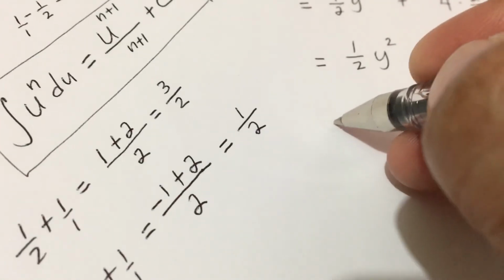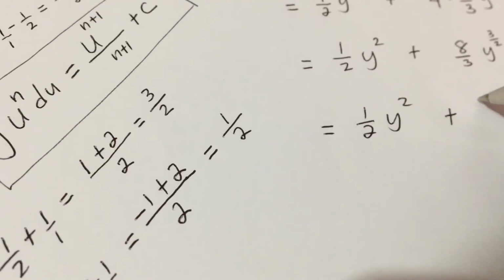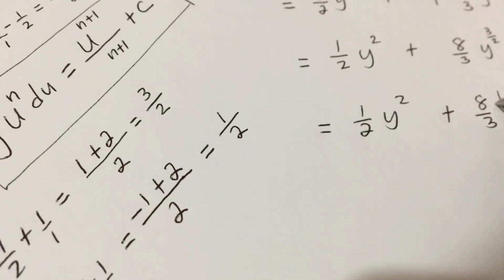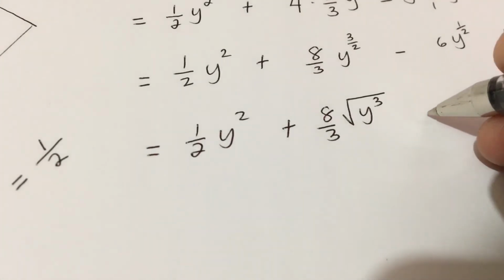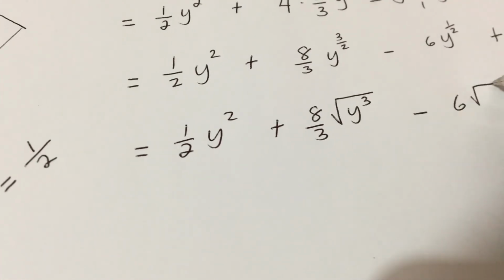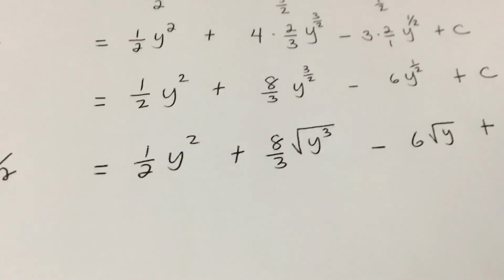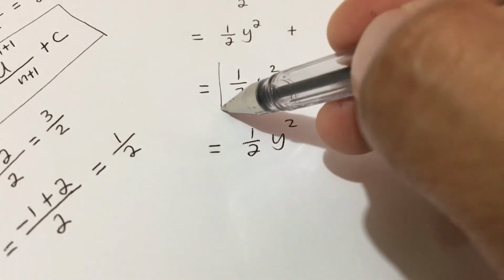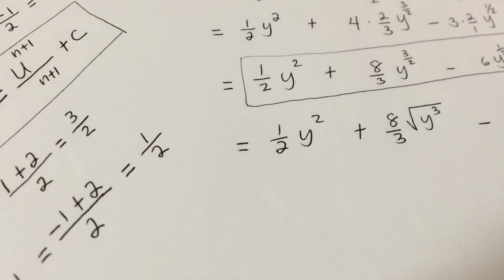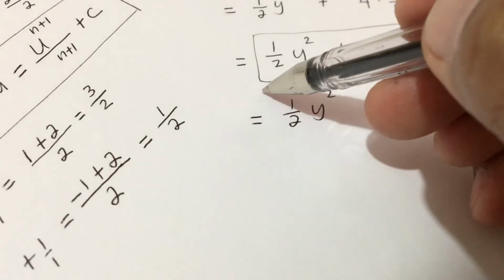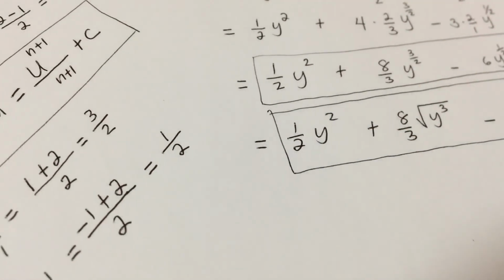Or you can also rewrite this as 1 half y squared plus 8 over 3 square root of y cubed minus 6 times square root of y and plus c. So you can have either this one as your final answer, or this one. They're just the same.